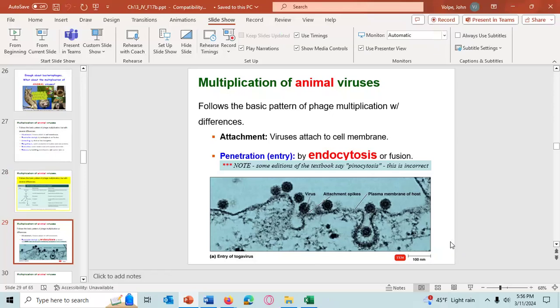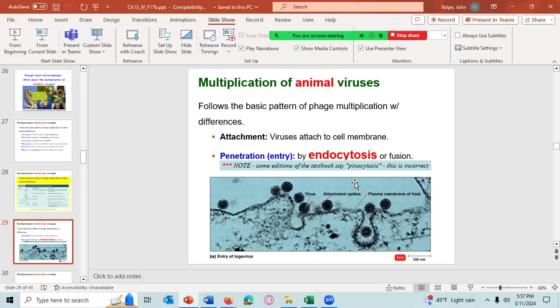So the earlier copies of the textbook actually had this wrong, where they said that the entry of the virus into the cell, they initially said it occurred by penocytosis. That's in the earlier copies of your textbook. If anyone has an earlier copy of the textbook, just make a note of that.